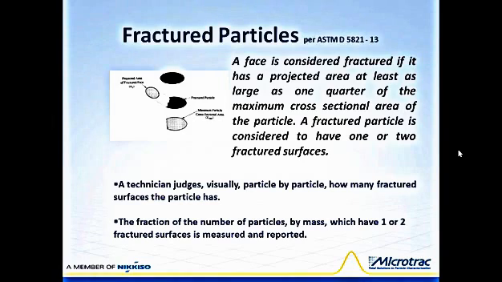To conduct a test, a technician visually inspects a sample for 1 or 2 fractured surfaces, measuring the sample twice for each category, then calculating and recording the percent by mass or number, which have 1 and 2 fractured surfaces.